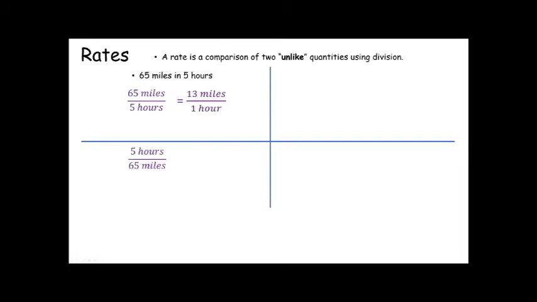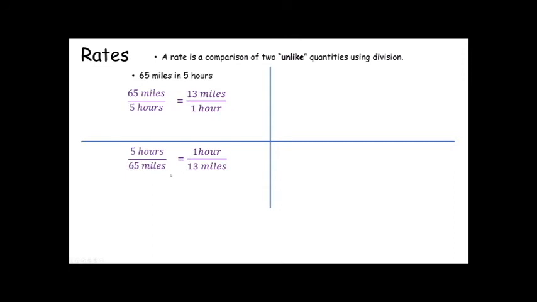Check this one out. I could also do the rate 5 hours to travel 65 miles. Notice that I've taken these same pieces of information, but I've written them as a rate that's inverted. It's actually the reciprocal of the previous rate. Same numbers, just in different positions.